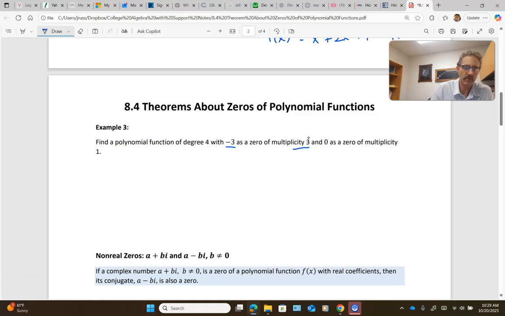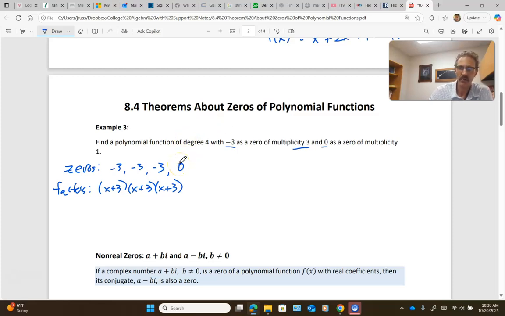So it's like it occurs 3 times. So when I go to list my zeros over here, I will write it 3 times. And then my other zero is 0. Well, it has a multiplicity of 1. So it just occurs once. Now I can express my factors. Well, I'll have three x plus 3's as factors, right? Now, if 0 is a zero, then x minus 0 should be a factor.